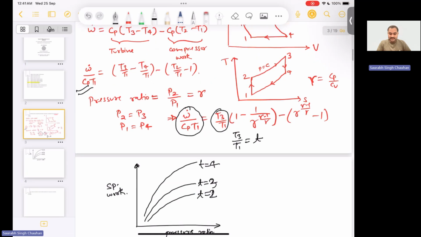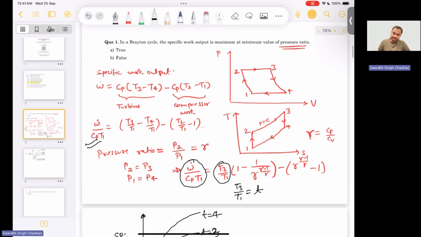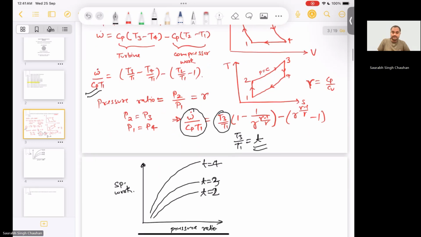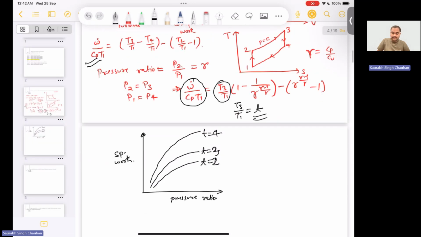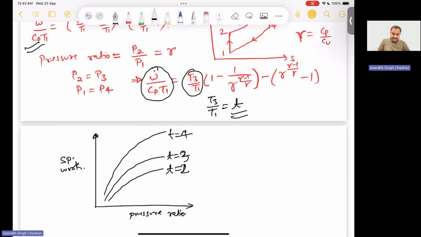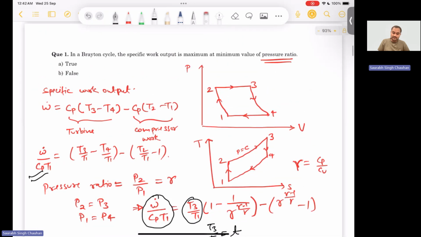You can use any graphing calculator, and for different t and for constant gamma value, you can find this plot. From this plot you can easily say that on increasing pressure ratio, the specific work output also increases.